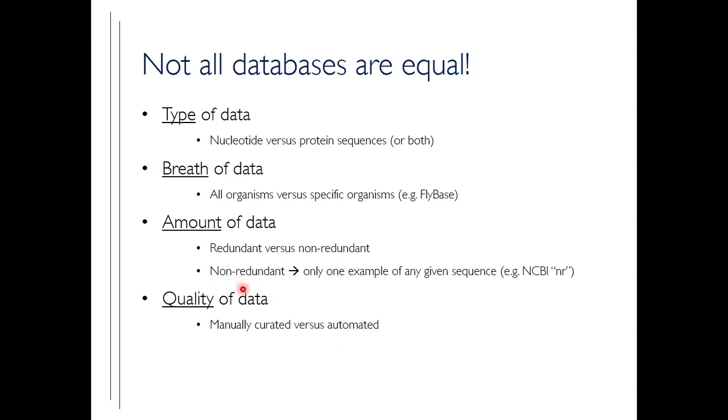Non-redundant databases generally have only one example of a given sequence because they're manually curated. Not always, but it's a generalization there. Essentially, manually curated databases have been gone through with a fine-tooth comb by scientists, by us, to ensure that sequences, for example, are not repeated, that they're of high quality, and that they're correct.